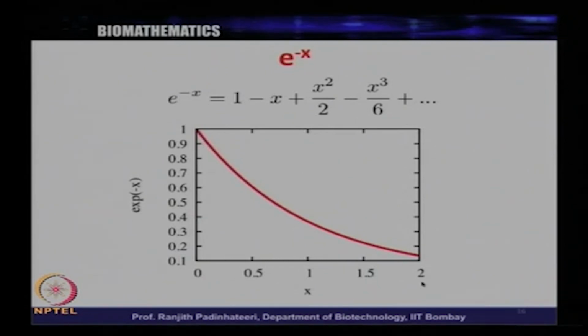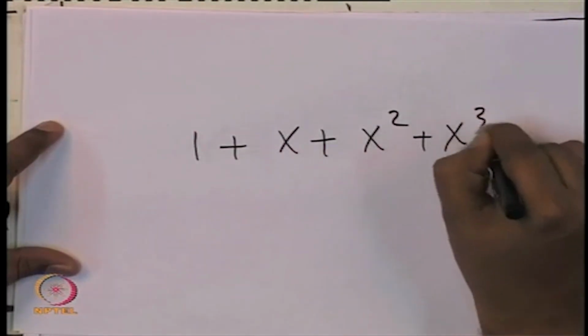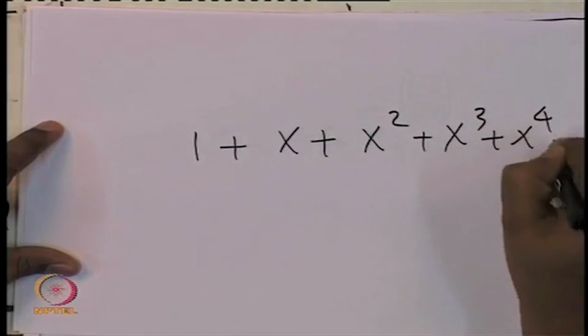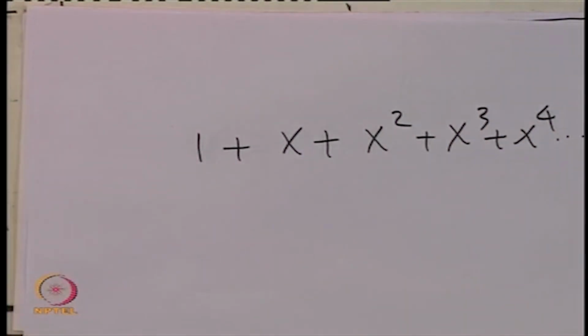Now, you could ask another question. We saw many combinations, but one simple combination we can think of is 1 plus x plus x square plus x cube plus x power 4, etcetera. This is the simplest function.